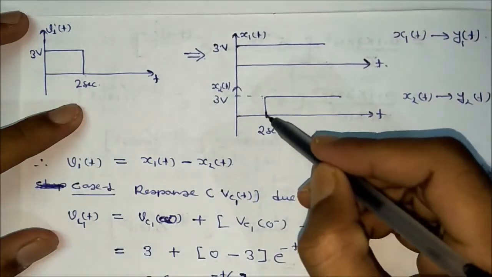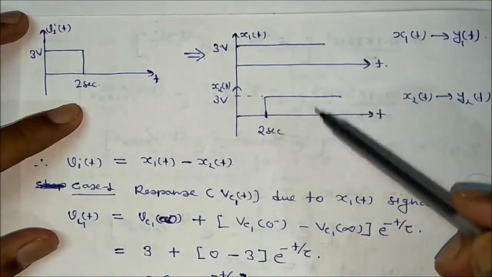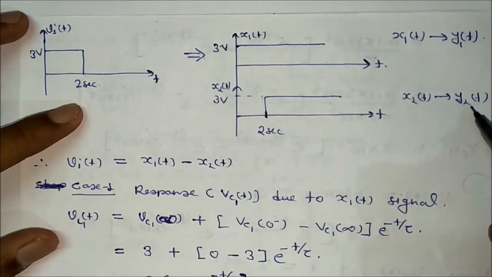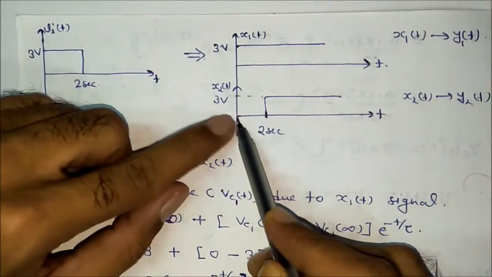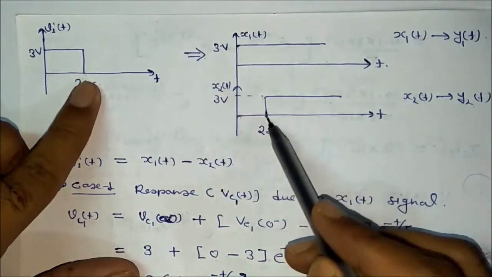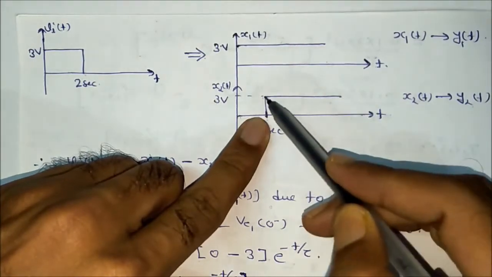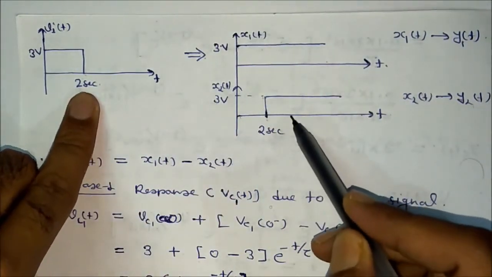Why? Because exactly after t square, don't add, just subtract these two waveforms, x1 minus x2. If you do, what will you get at the 0 position? This is 0 and this one is 3, 3 minus 0 is equal to 3. Exactly at 2, how much will you get? This is 3 and this is 3, so that is 0. Then at 3 seconds, what will happen?